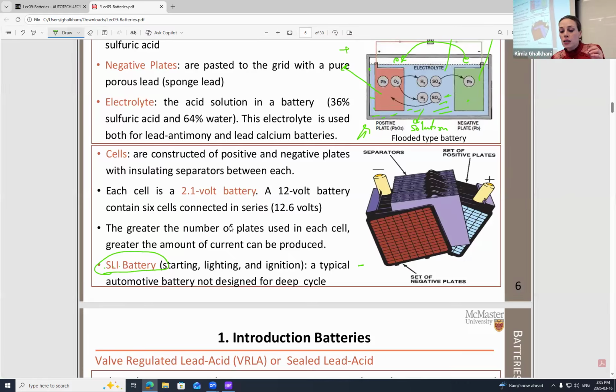We do not need such a battery for a cell phone.